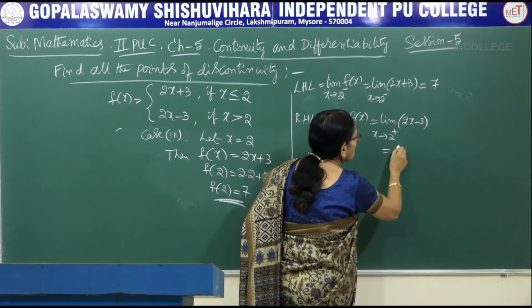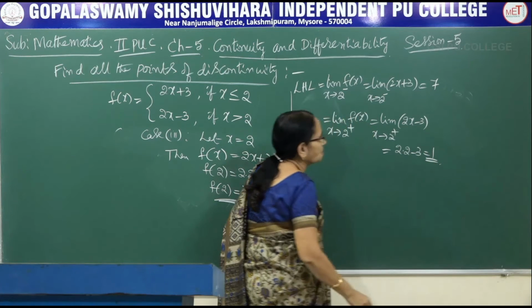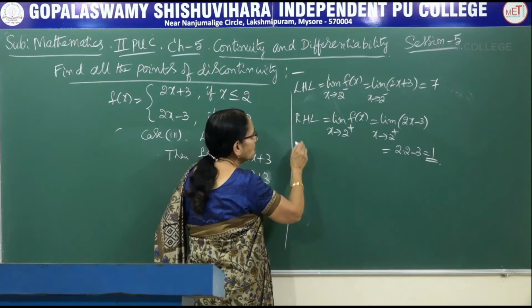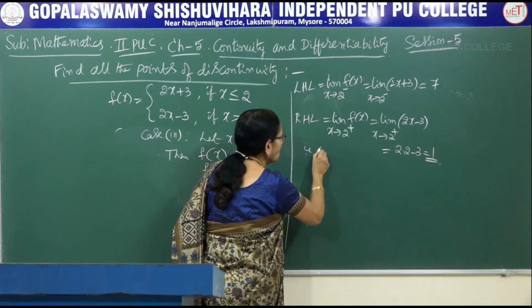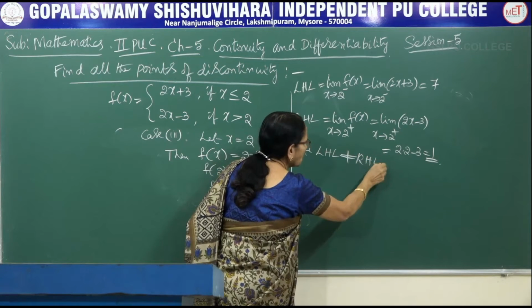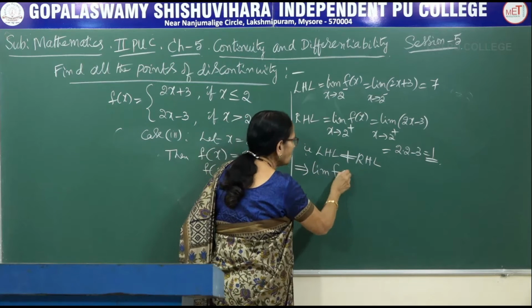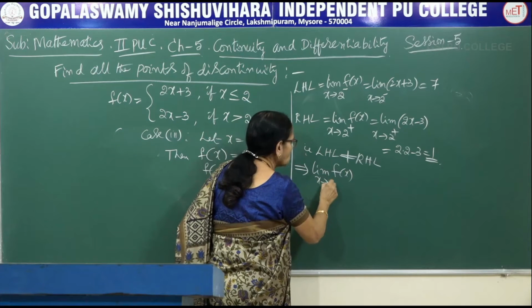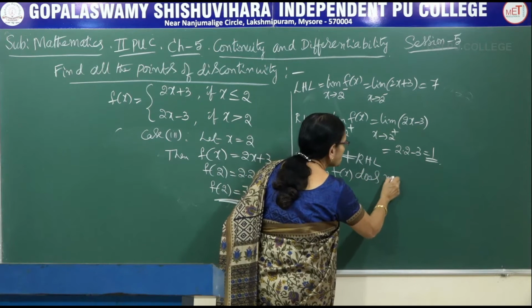This is 2 into 2 minus 3, 4 minus 3, that is 1. What do you observe here? Left hand limit is 7, right hand limit is 1. That is, left hand limit is not equal to right hand limit. It means that limit of f of x as x tends to 2 does not exist.